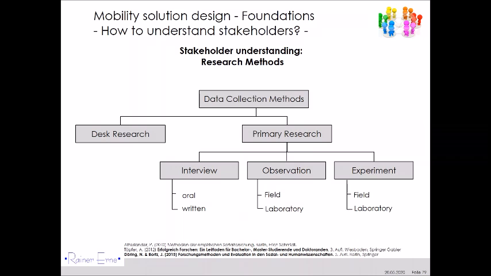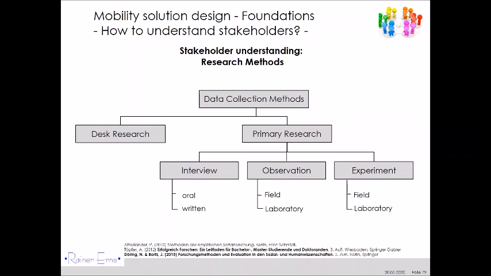So the next question is then, what are possible methods in order to understand the stakeholder needs a bit better? And here we have the same possibilities you might already know from research methods. So I call them data collection methods. The first means, because it's the cheapest one with the lowest effort, is desk research.